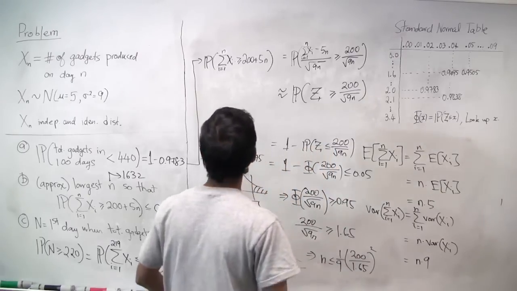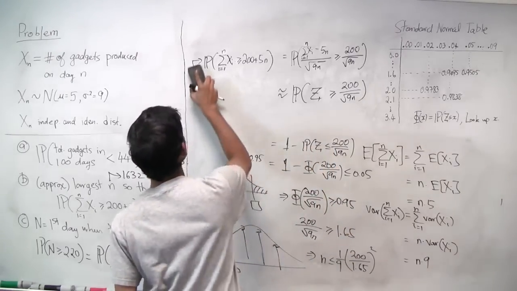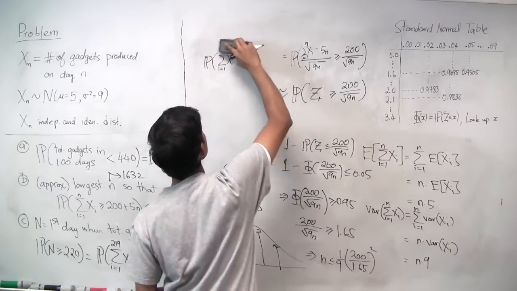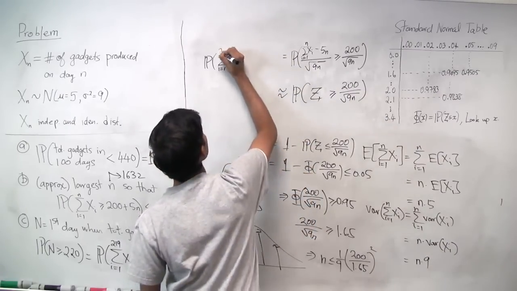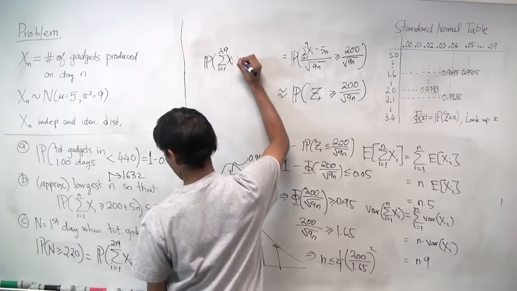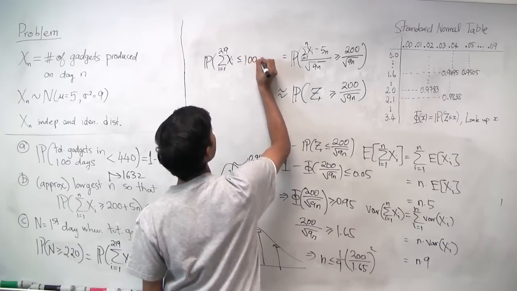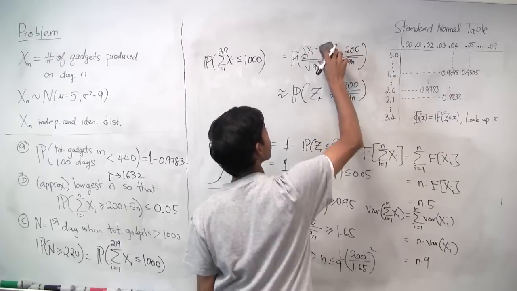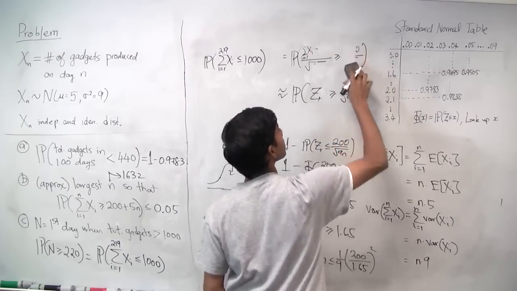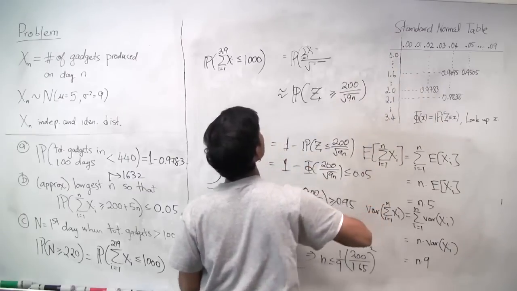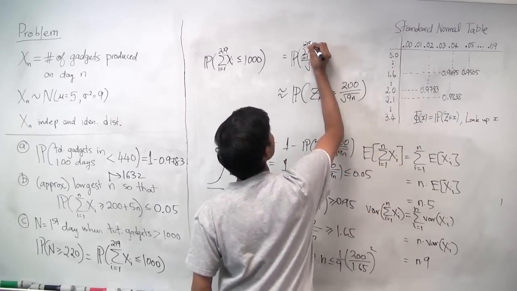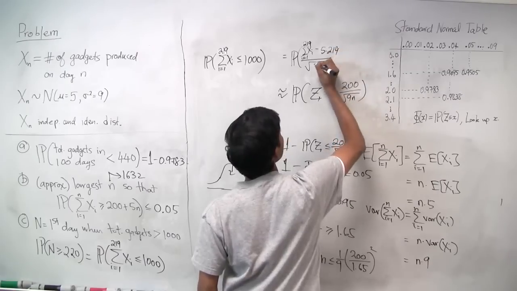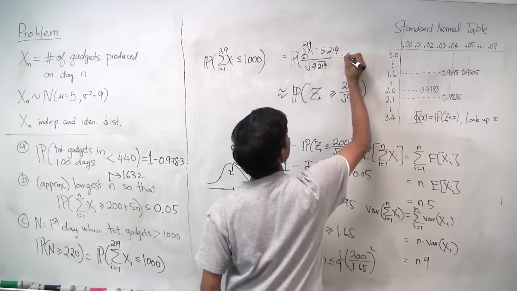And once you see this, you realize that this is very easy because we do the same steps as we did before. So we're looking for this, right? This is equal to, again, you do your standardization. So this is from 219, and you get 5 times 219 for the mean, and 9 times 219 for the variance.